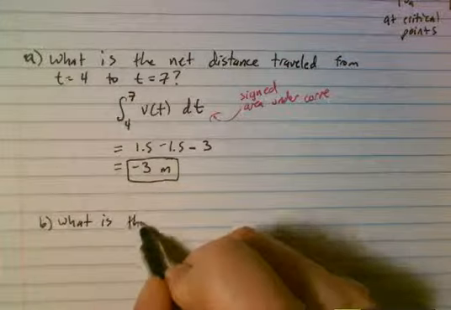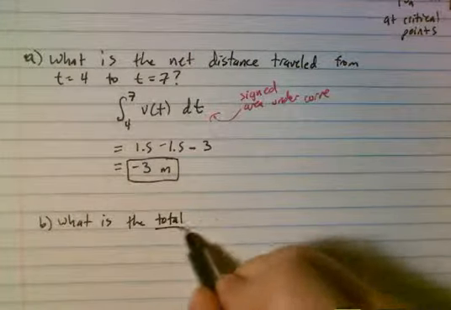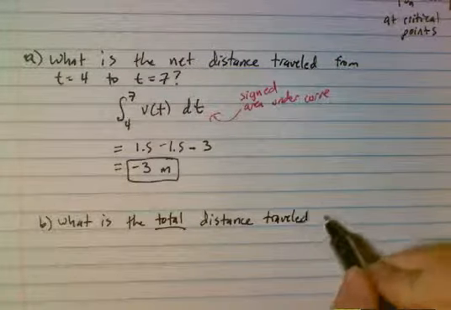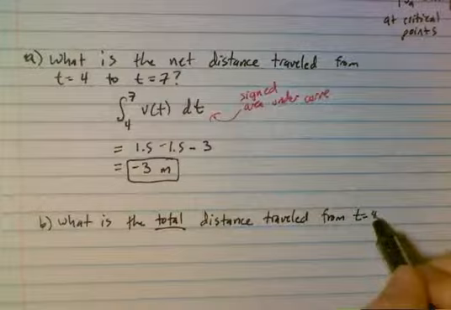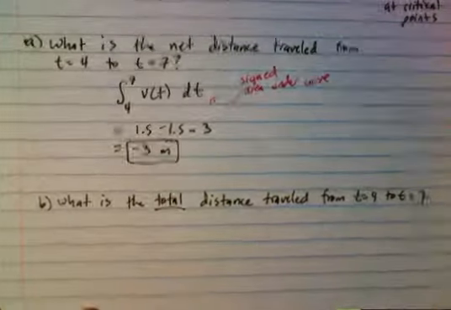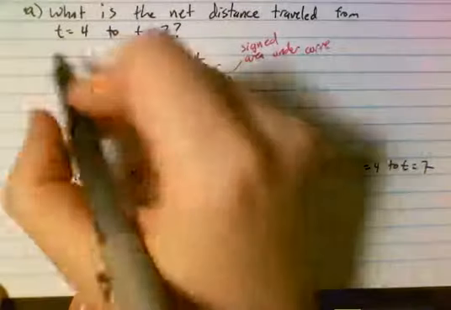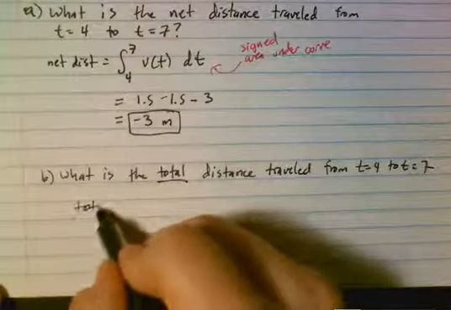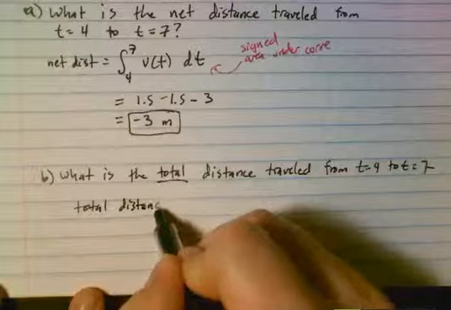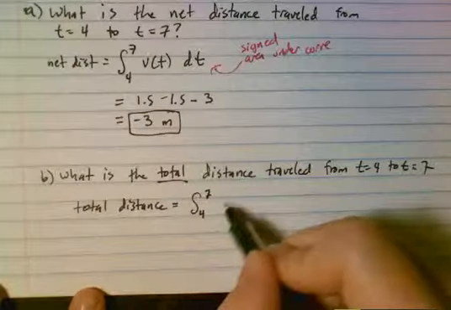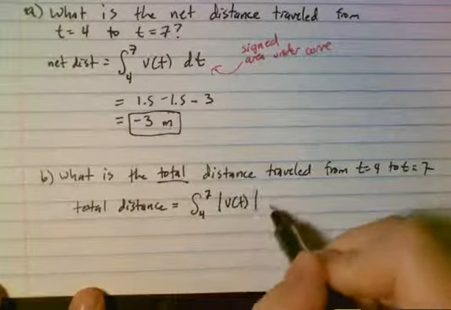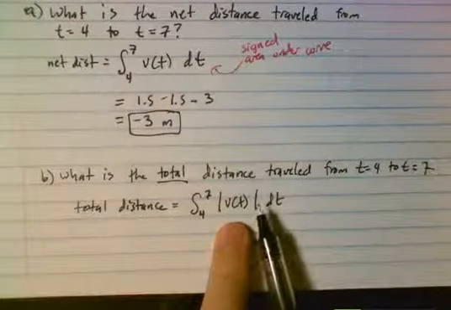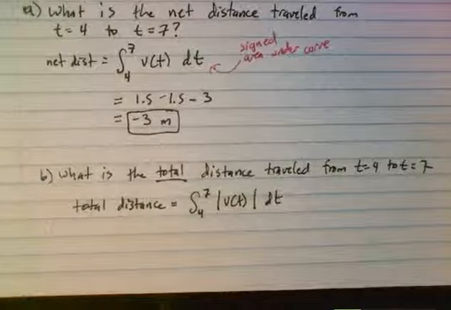So this is in contrast with what is the total distance traveled from t equals 4 to t equals 7. And we always start off with our formula, so let's actually label this net distance. For total distance, we're going to take the absolute value of the velocity and then add them up.